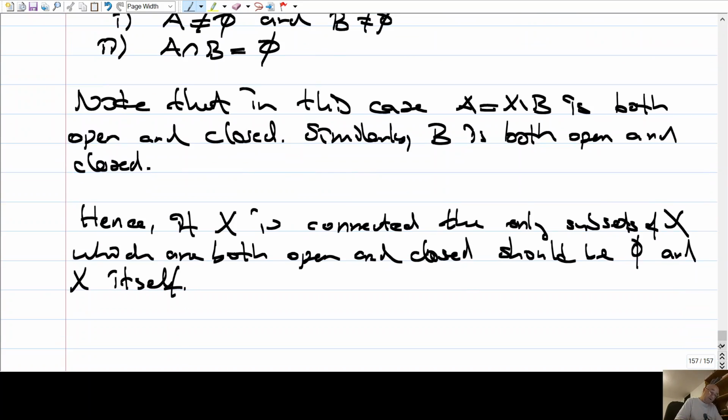So if your space is connected, then the subsets of X which are both open and closed should be the empty set and X itself. If you have any other set which is both open and closed, and it is neither X nor the empty set, then that subset and its complement would be a separation of X.